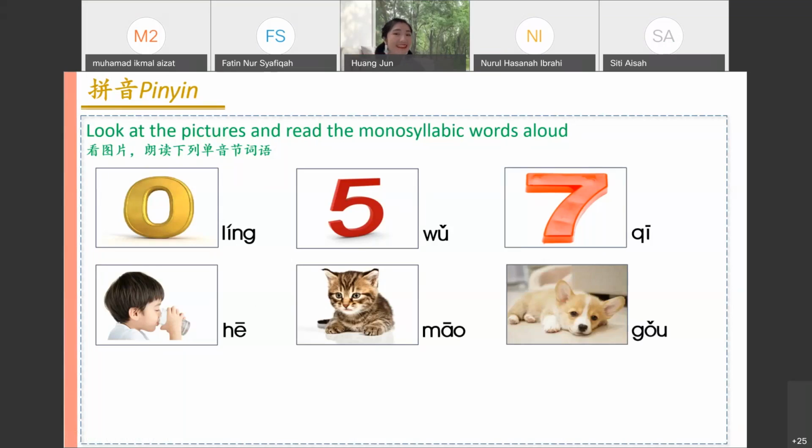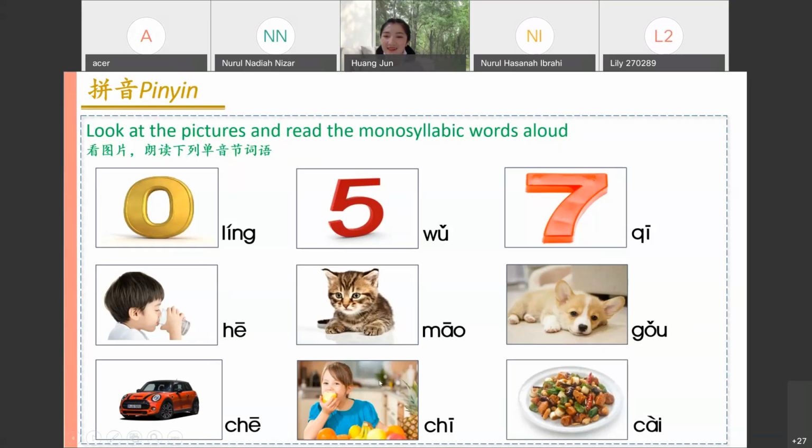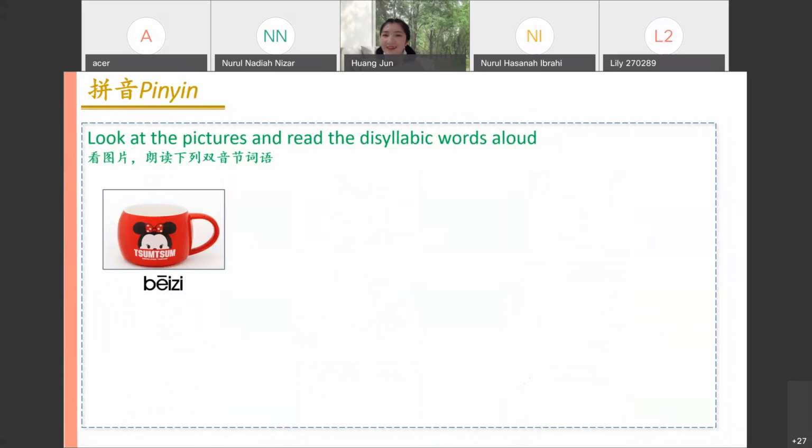Dog, 狗. Chair, 车. Okay, this one? 气, 吃, 菜.